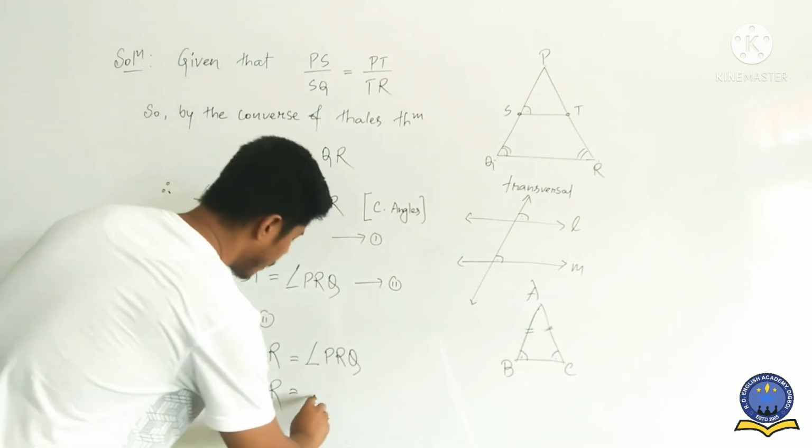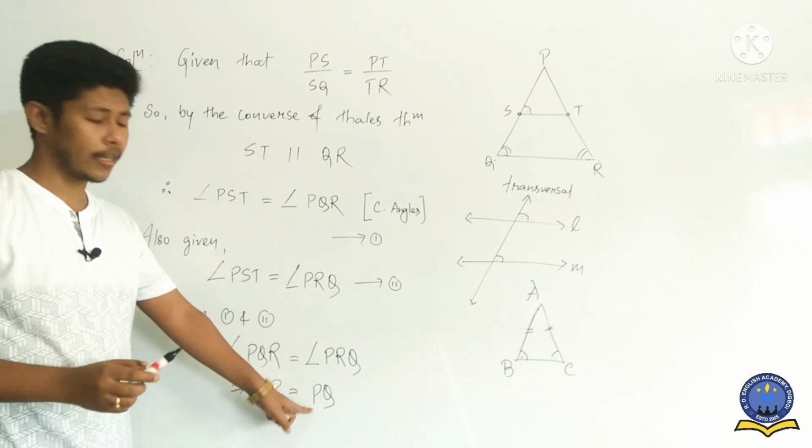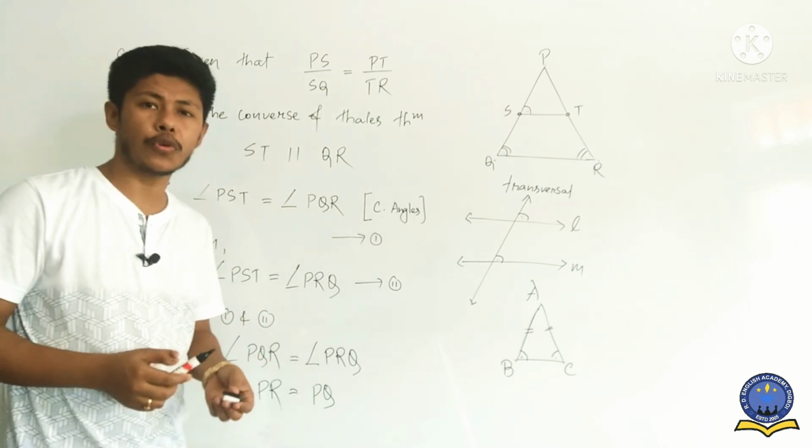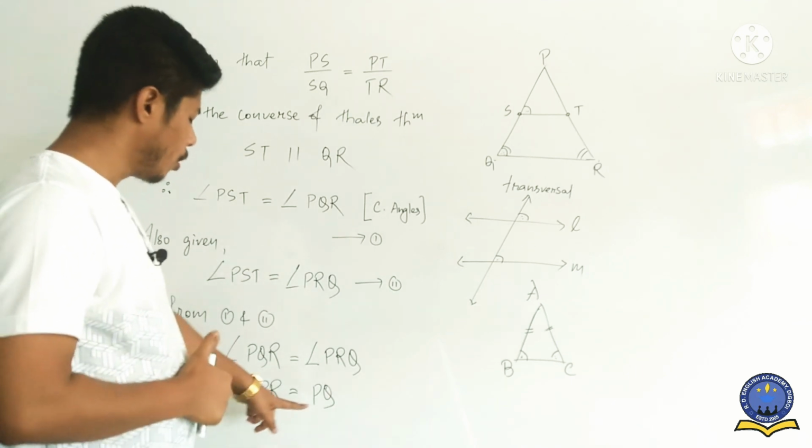So PR equals PQ we get. If the angles are equal, then their opposite sides are also equal. For that reason, here we write PR equal to PQ.